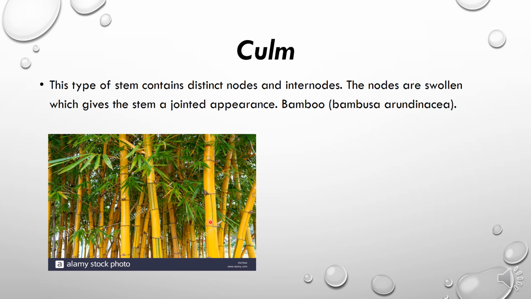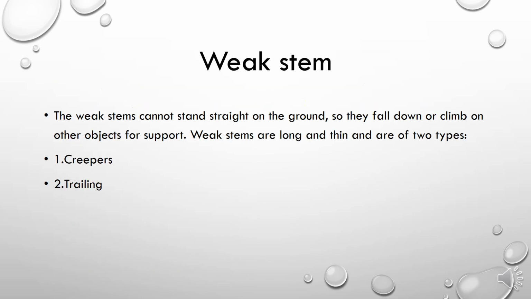Such trees have the fistular type of stem, which is hollow from the inside and has prominent internodes. Such a tree can be bamboo. Now from the picture you might be more clear about this culm tree.